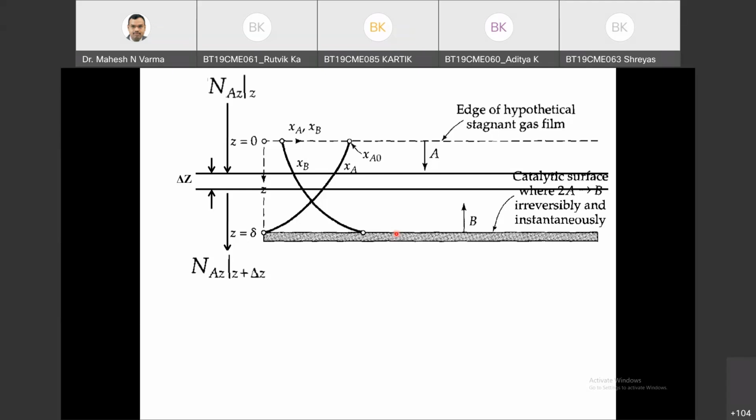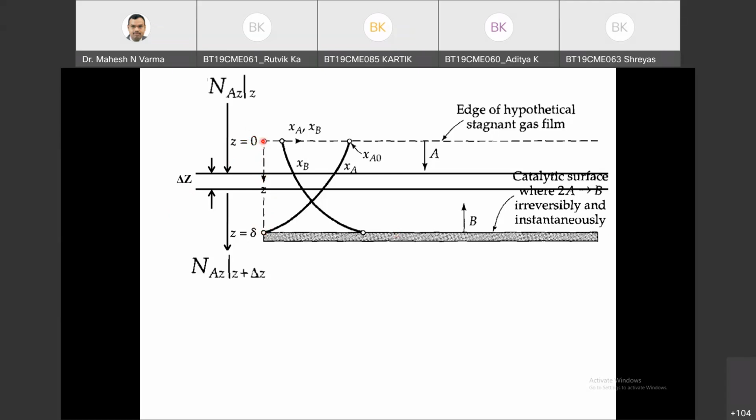The model equation even depends upon the origin, as we discussed initially. If you take the origin here, this is z equals 0 and this is z equals delta, so you will get a different model equation.